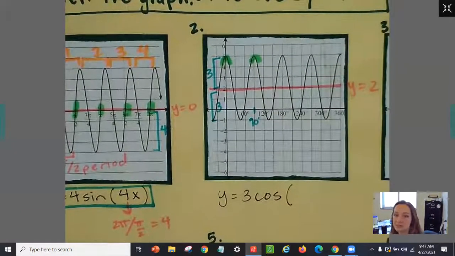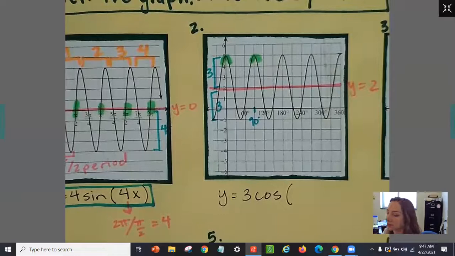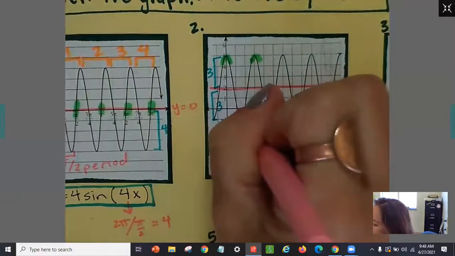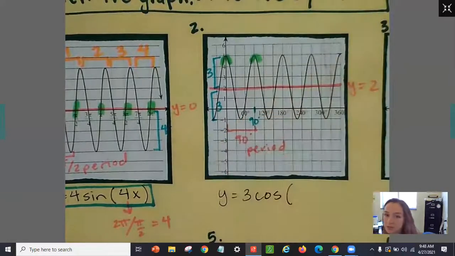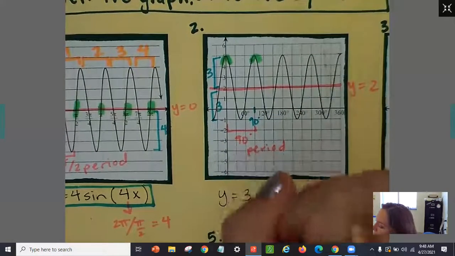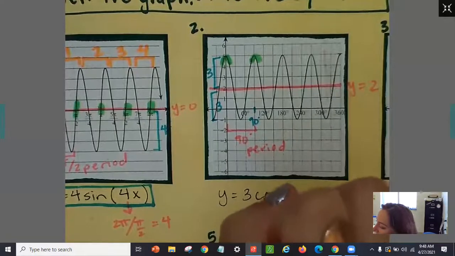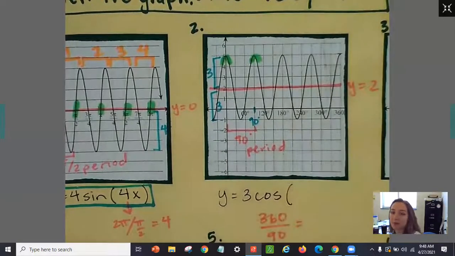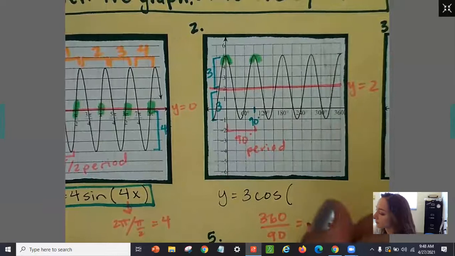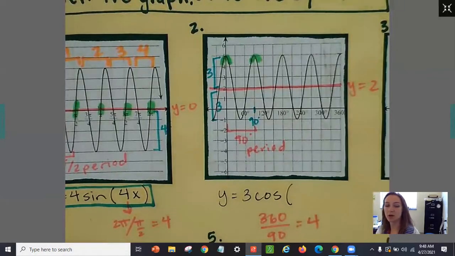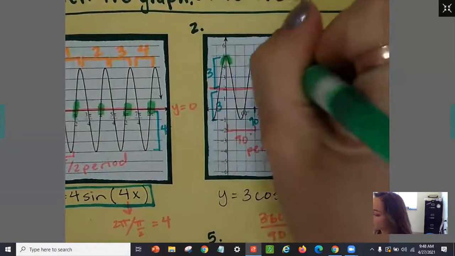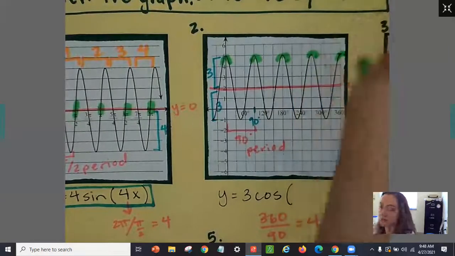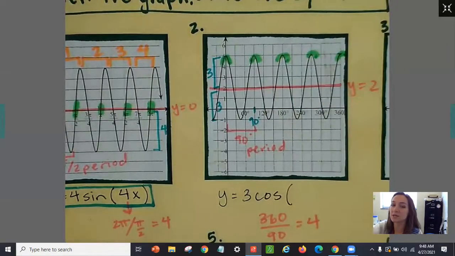So since the period is 90 degrees, we can do 360 divided by 90, and that is going to give us 4. So what I should find is that there are 4 waves in 360 degrees. So 1, 2, 3, and then 4 here. You can see that there are indeed 4 waves in 360.